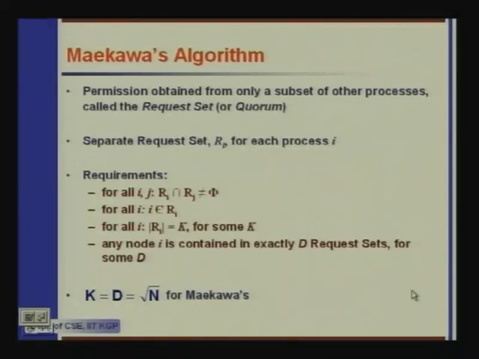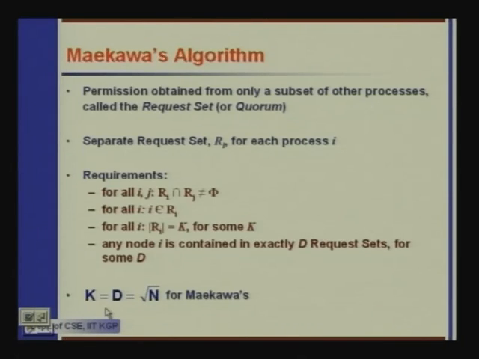And also, every node participates in the arbitration of d requests, d other processes. That means the overhead that each process has in participating in the arbitration of other processes is also well distributed and equal for all processes, and that number is d. So, each node belongs to d of those Ri's.